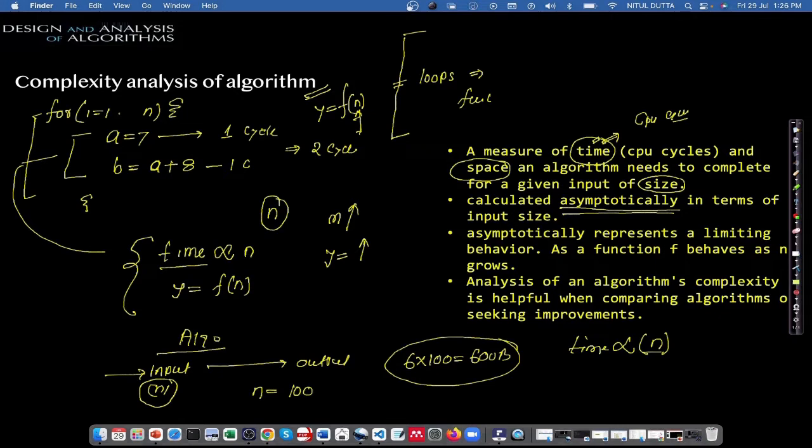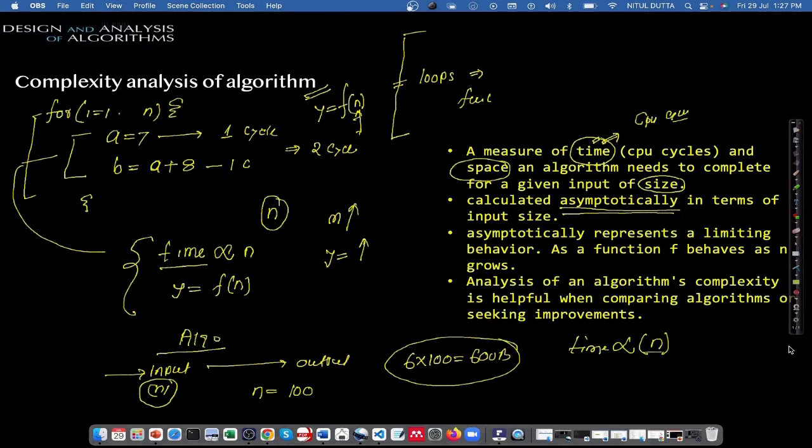There are certain notations to calculate the time complexity of any algorithm that we will see in due course. Moreover, asymptotic behavior represents a limiting behavior, and it works as a function of any dependent variable that really has an impact on the execution of the algorithm.